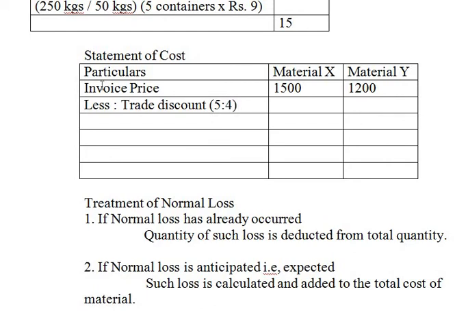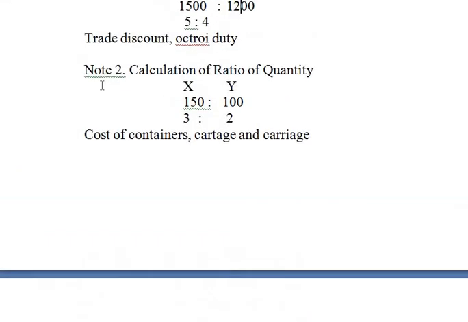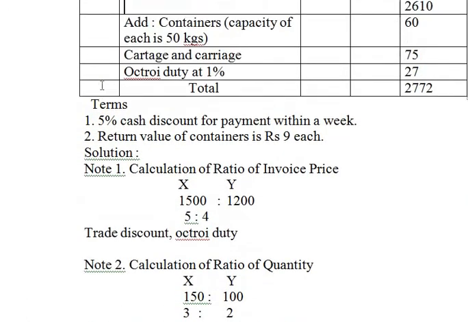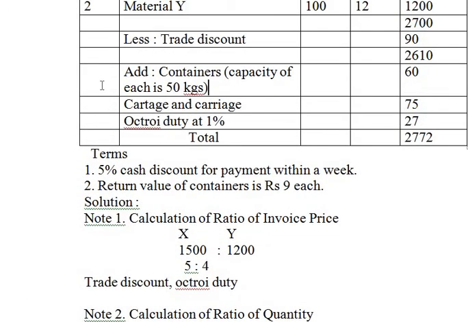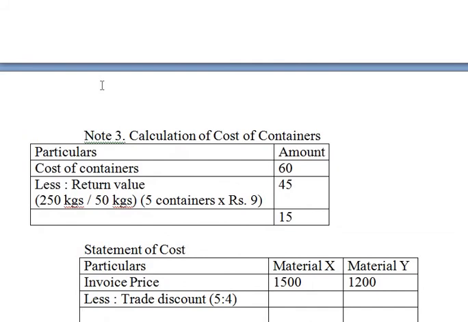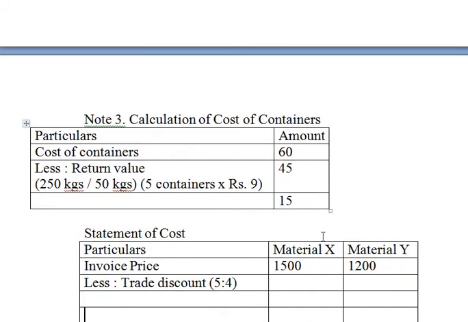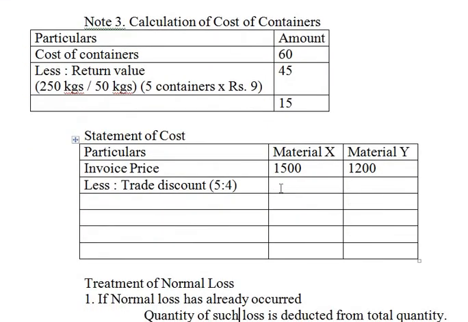Now see how much is the amount. Trade discount amount is 90. So 90 should be distributed in 5:4 ratio, that is 50 and 40.